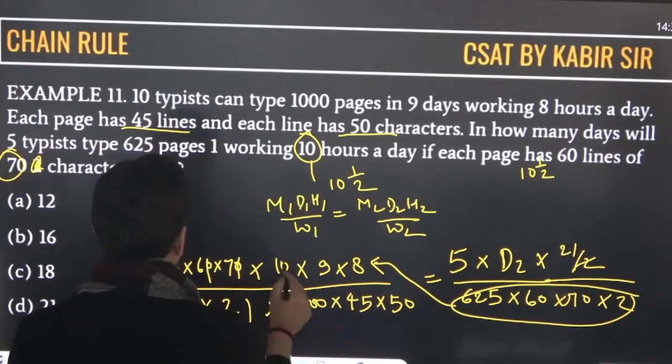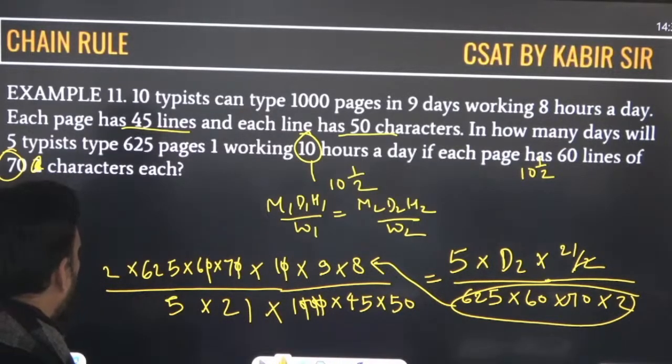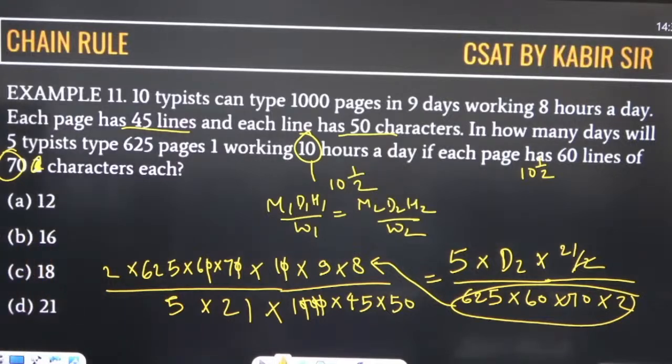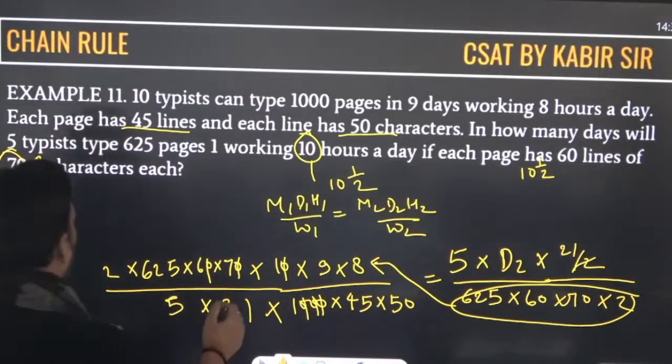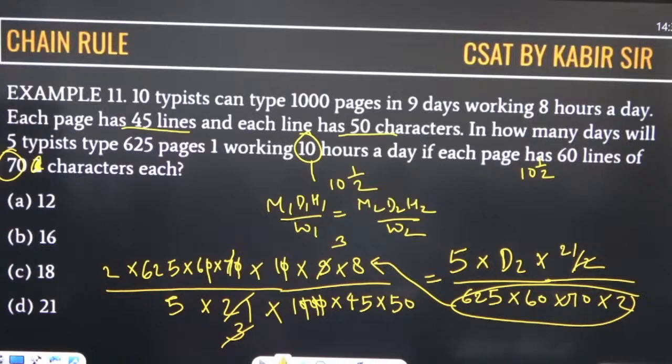So 1, right? Then from 25 you can cancel. From 7, this will cancel this, right? This 9. Okay. Now 5 you can cancel, right?